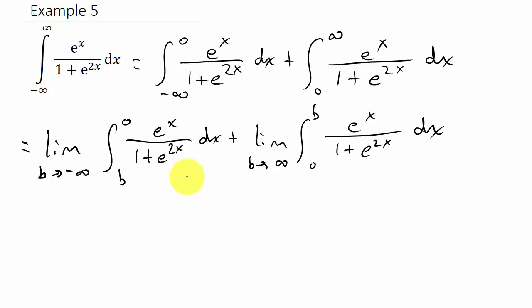Now we need to integrate each one of these.